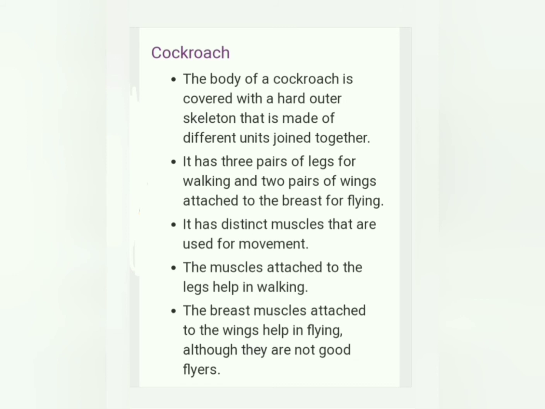Different muscles help movement in a cockroach. Next, the fourth point. The muscles attached to the legs help in walking. The breast muscles attached to the wings help in flying. Also, they are not good flyers.